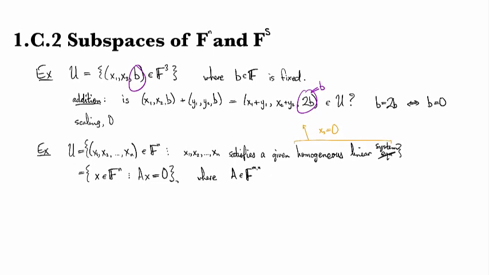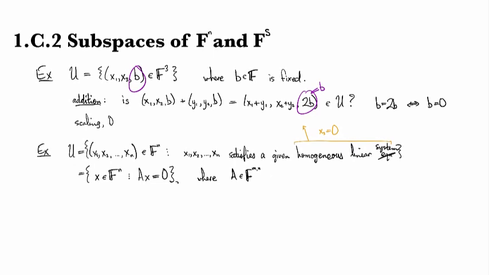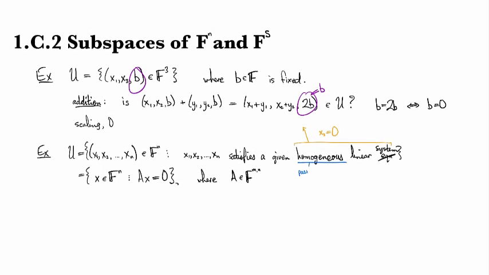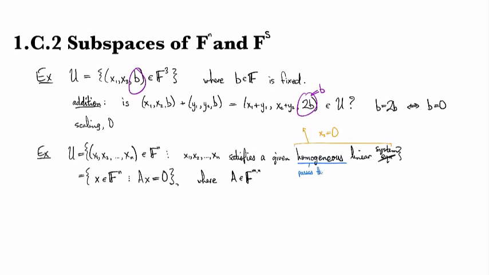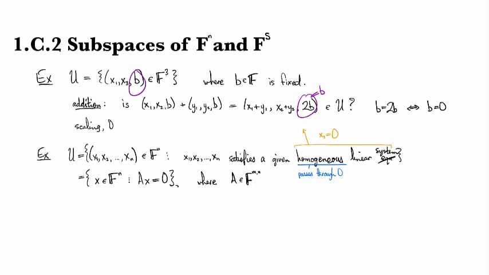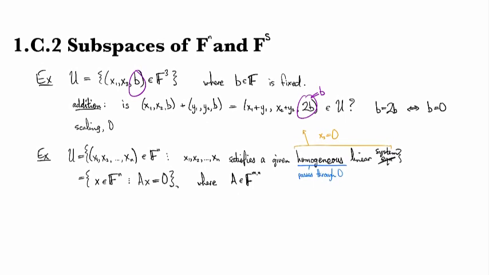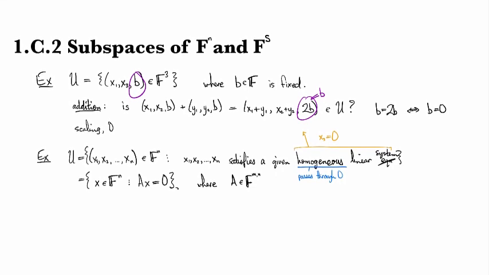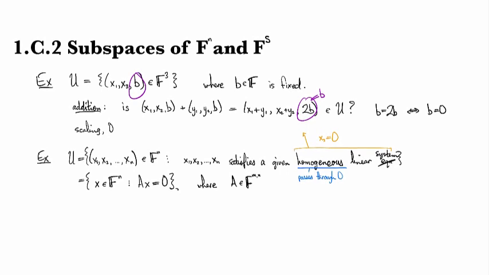The key point here is that the homogeneous part means that the subspace passes through 0, so that it contains 0. That means that the equations have to all be set equal to 0. You can't have a non-zero constant on the other side.